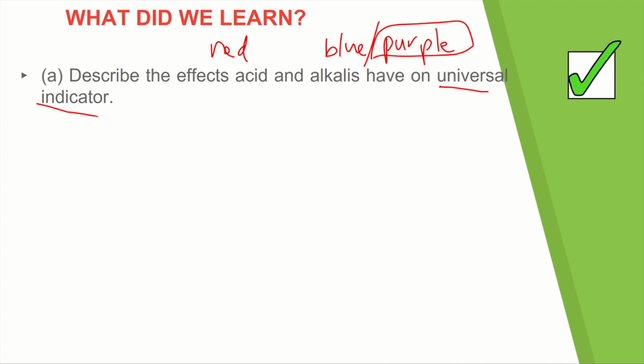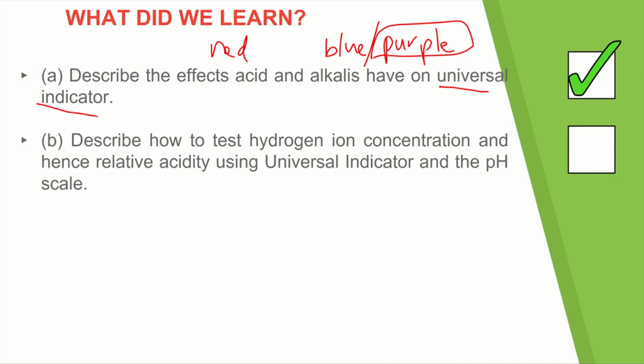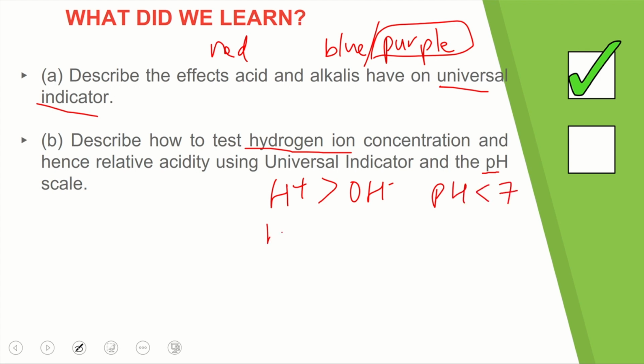So put a tick. Then the second one, we looked at how to test for hydrogen ion concentration using the pH scale. If we have more hydrogen ions compared to OH minus, pH will be below 7. If we have H plus equal to OH minus, pH will be 7.